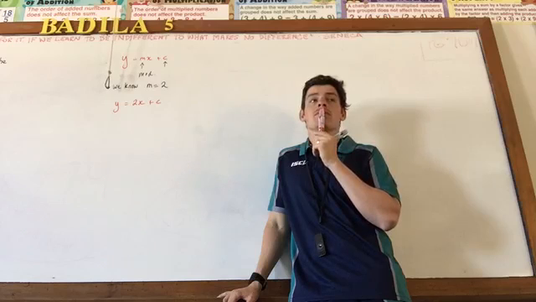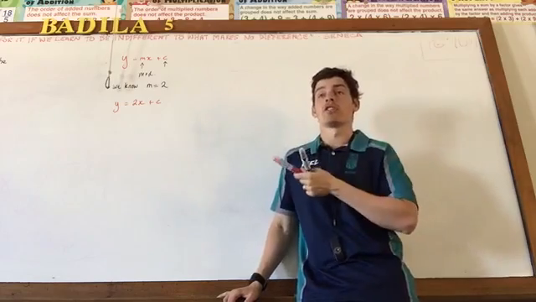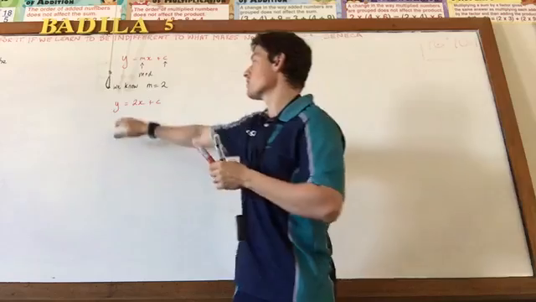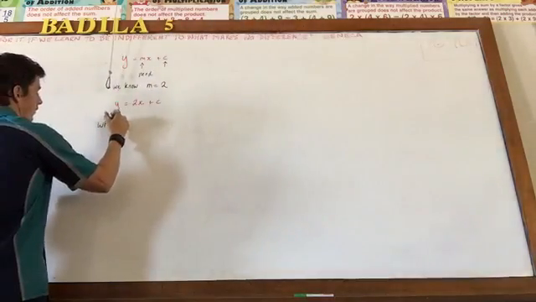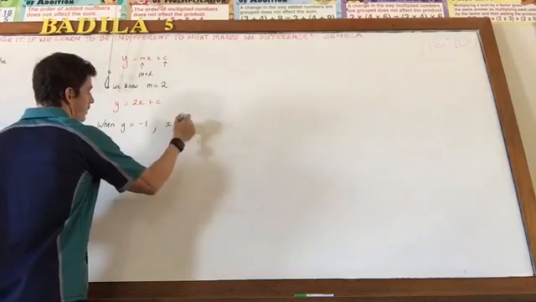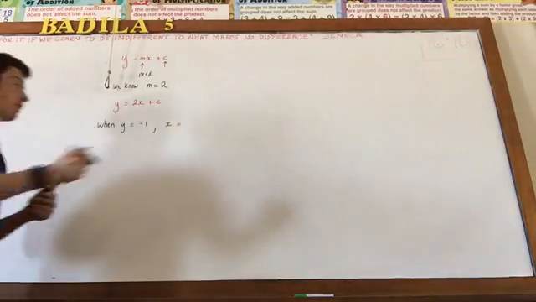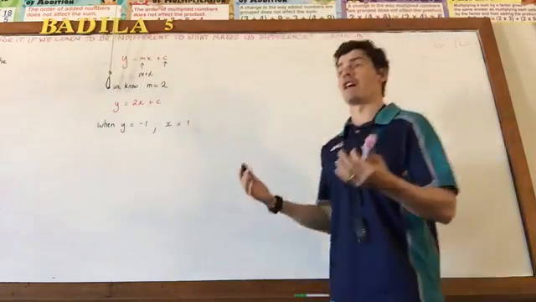What do you reckon we know? We know that it passes through 1, negative 1. It has to pass through the point 1, negative 1, correct? So we know with this line here that when y equals negative 1, x equals 1. Do we know that? Is that a definitive fact?